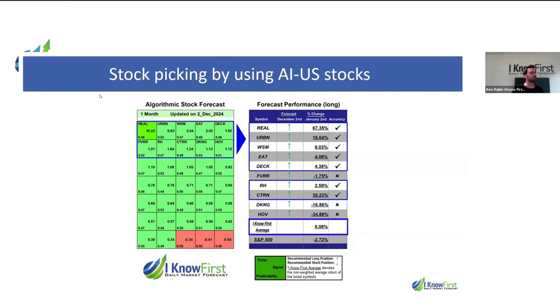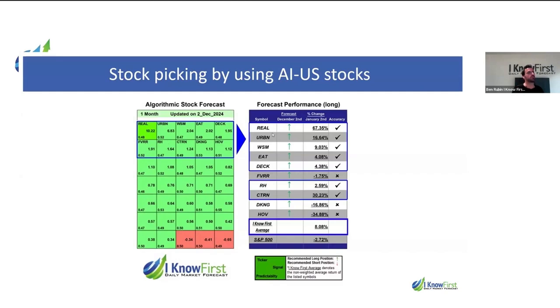We can find stocks such as Real that has a really high volume and a high signal. The signal here is 10.22, the highest signal in the package. And the predictability is 0.48. It's not the highest, but it's pretty okay for the 1 month.